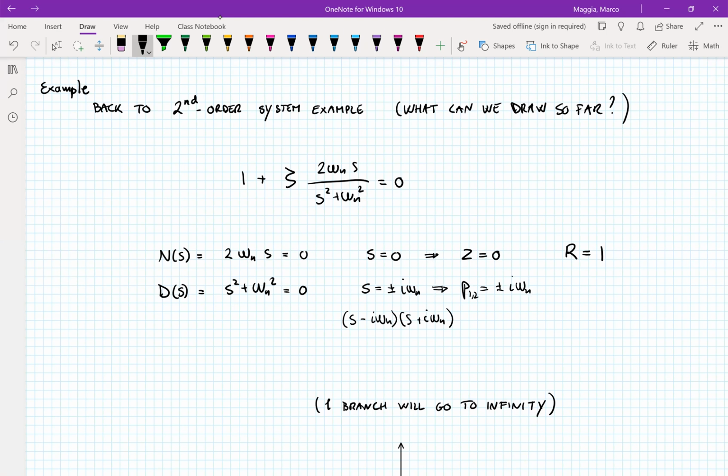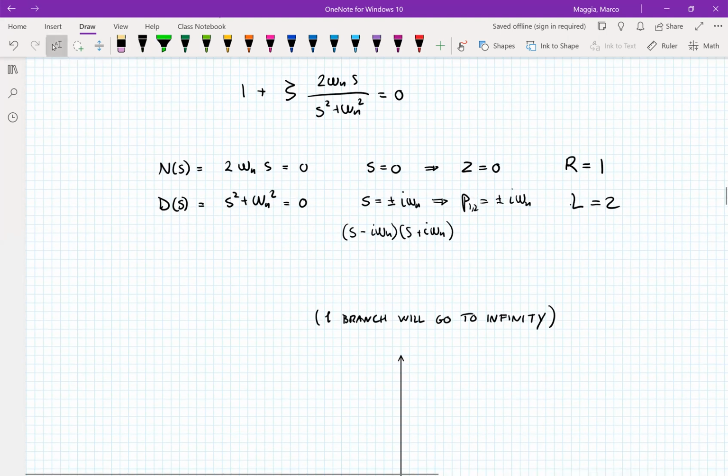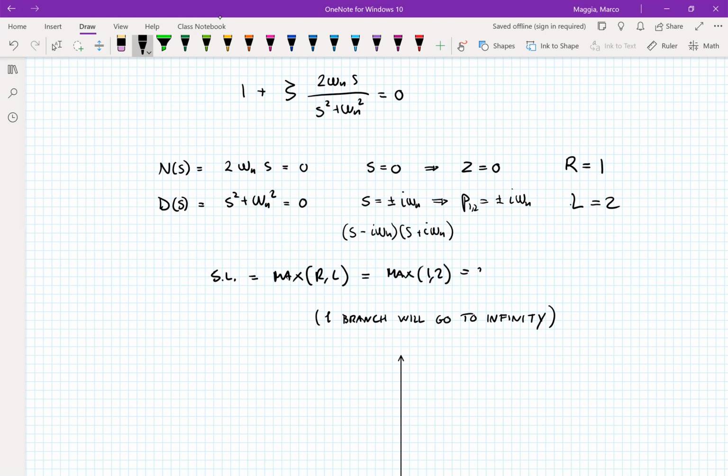So the two open loop poles belong to the imaginary axis, and L is equal to 2. So how many separate loci do we have? Well, the number of separate loci is equal to the maximum between R and L, that is the maximum between 1 and 2, which is 2.